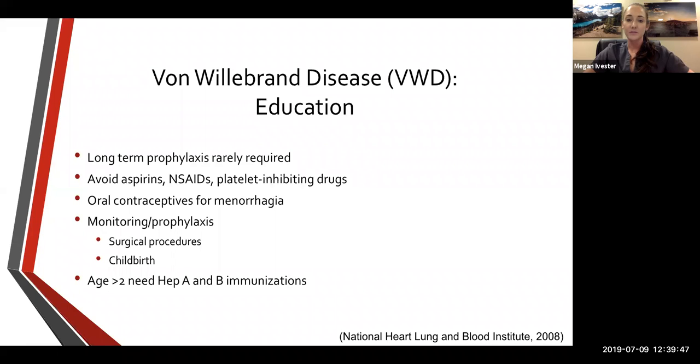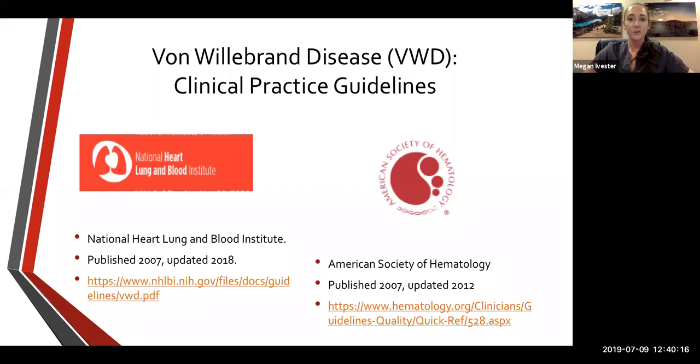Oral contraceptives for the menorrhagia, that's usually the recommended course of treatment, the medication for patients that are presenting with this ongoing bleeding in order to prevent those cycles from lasting so long. Monitoring and prophylaxis, especially for those surgical procedures in childbirth, like I discussed earlier. And then patients over age 2 may need to make sure that they have the Hep A and B, hepatitis A and B immunizations.